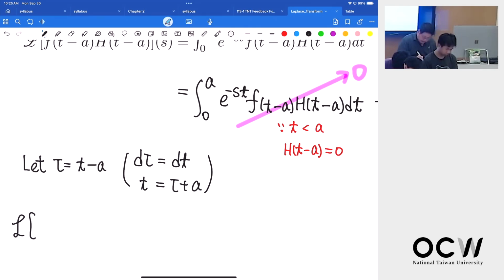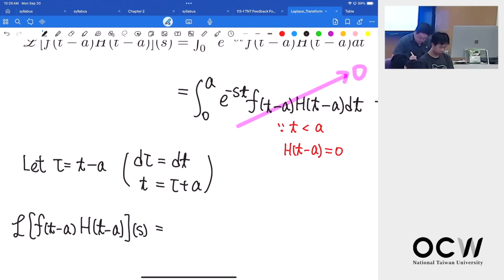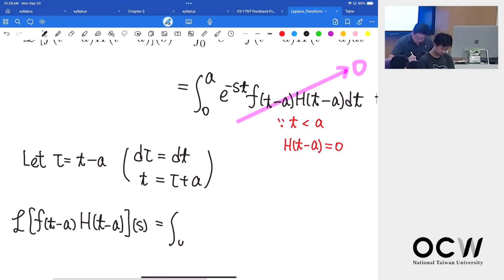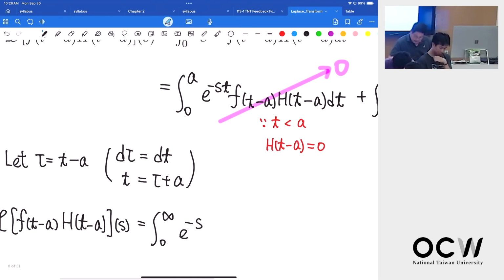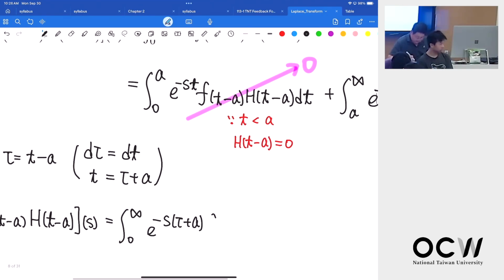And then the Laplace transform becomes the integral of e to the minus s times t, where t now becomes tau plus a, f of tau d tau.